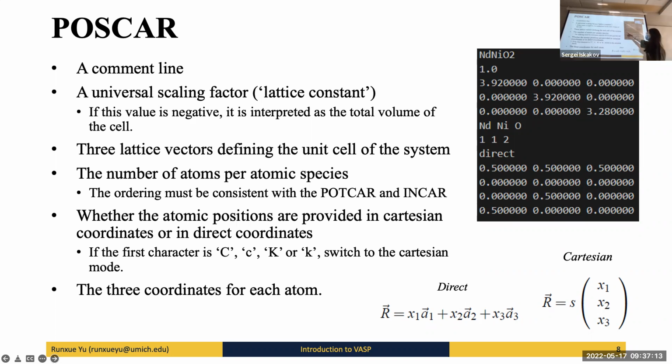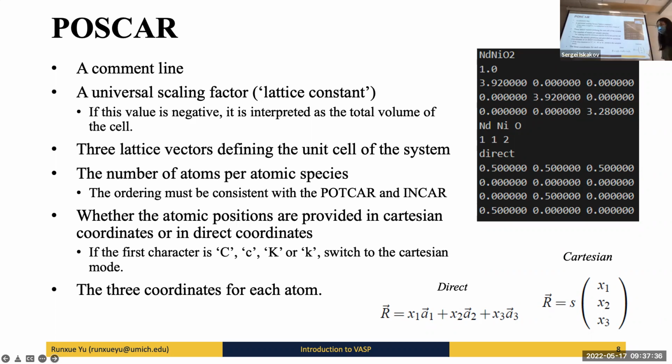So if the first character is C or K, it will switch to Cartesian mode. And for anything else here, it will use direct coordinates. And then it will give the three coordinates for each atom, one by one, with the ordering that you have listed here.